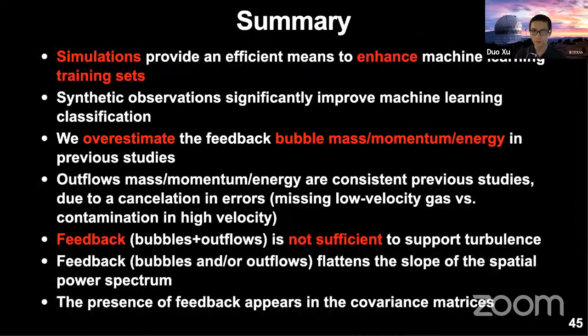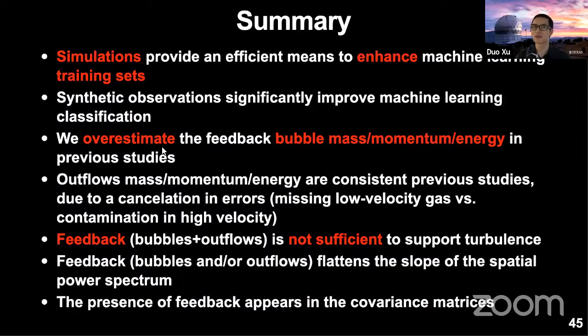To sum up, the main takeaway is that simulation provides an efficient way to enhance the performance of machine learning. It will reduce the bias from humans. We are also overestimating the mass coming from feedback by orders of magnitude.